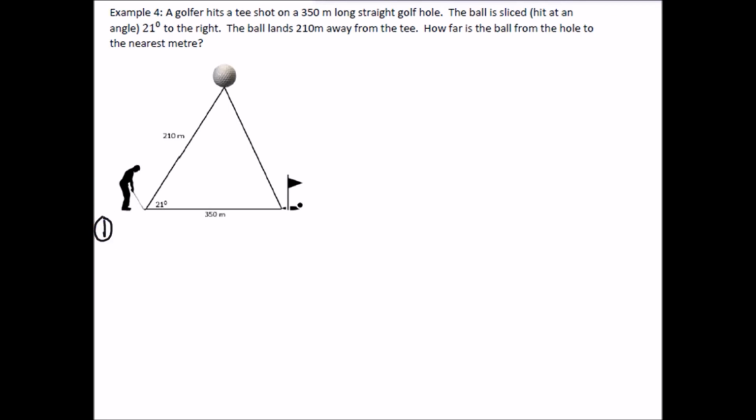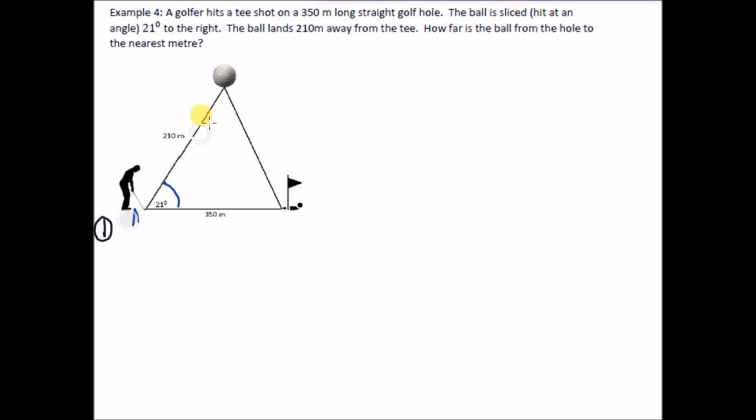Now the ball is sliced. What slice means is hit at an angle of 21 degrees to the right. So it's sliced 21 degrees to the right, and the ball lands 210 meters away from the tee. So we can see the ball here. How far is the ball from the hole to the nearest meter?